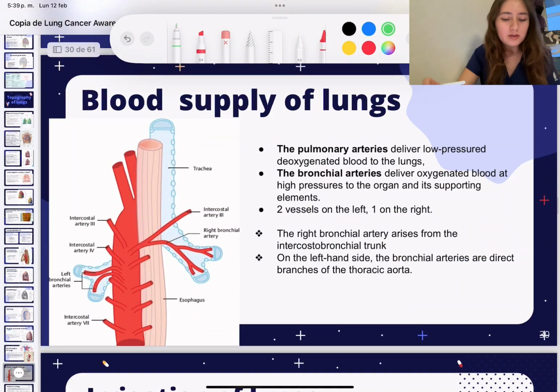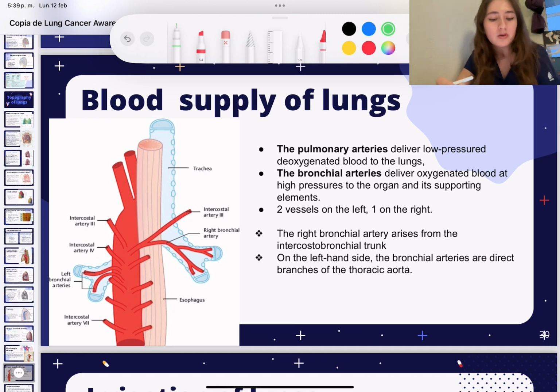Blood supply of the lungs. The pulmonary arteries deliver low pressure deoxygenated blood to the lungs. The bronchial arteries deliver oxygenated blood at high pressure to the organ and its supporting elements. As I said, two vessels on the left and one on the right.